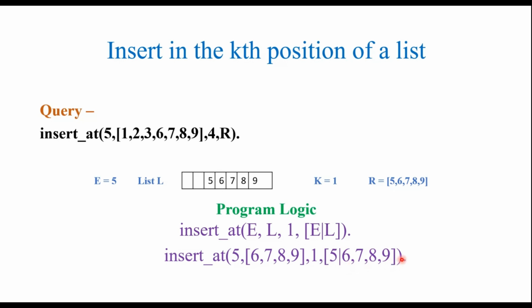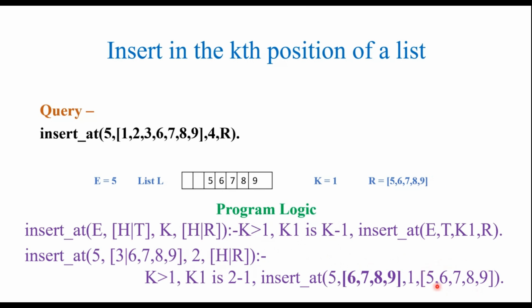So it passes the output to the caller function and it becomes R over here, because in the syntax it is written as R over here, right? So R contains 5, 6, 7, 8, 9. Now, if we again move back to the caller function, the caller function has H pipe 3.